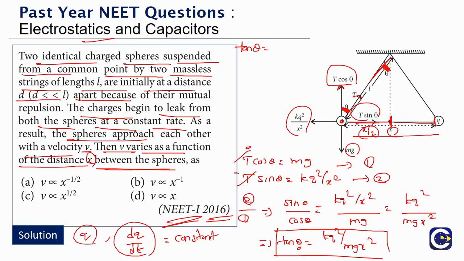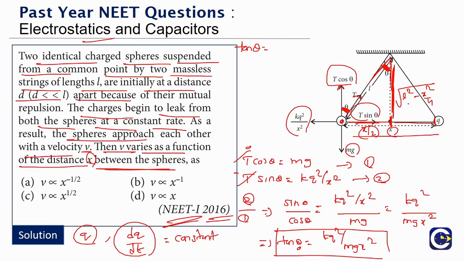This is x by 2 divided by the adjacent side. Adjacent side will be what? It will be root of L square minus x square by 4, because one side is x by 2, hypotenuse is L. This will come from the Pythagoras theorem, because base square plus height square is equal to hypotenuse square.